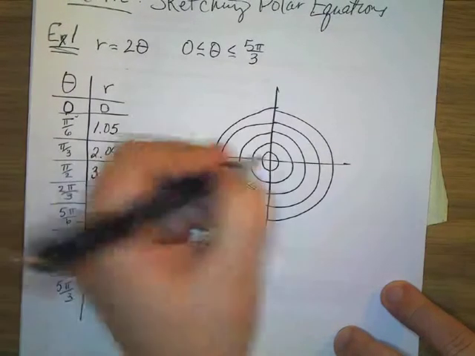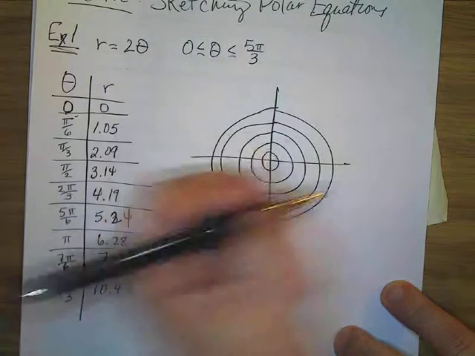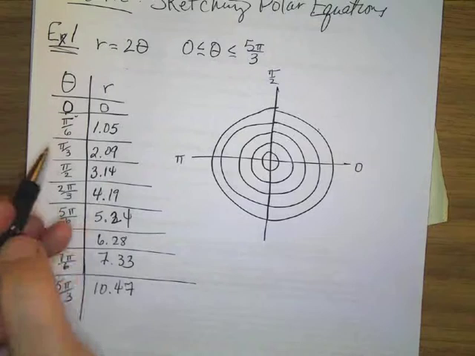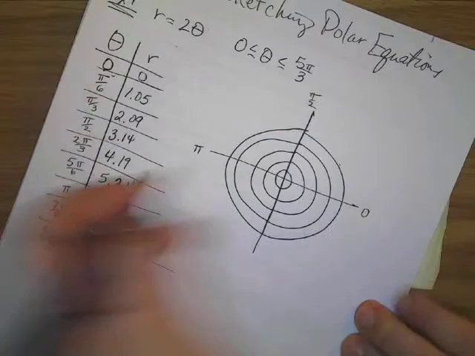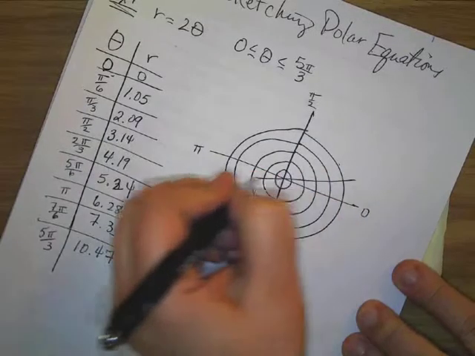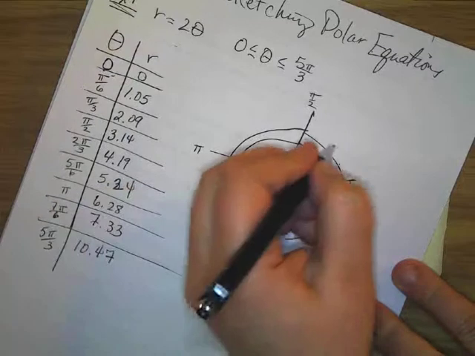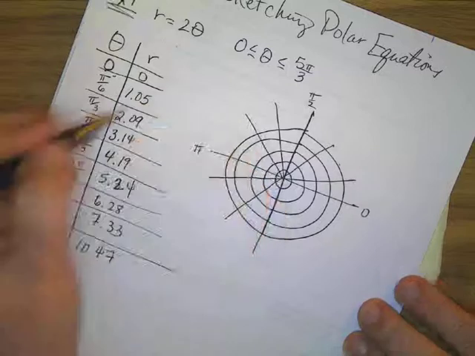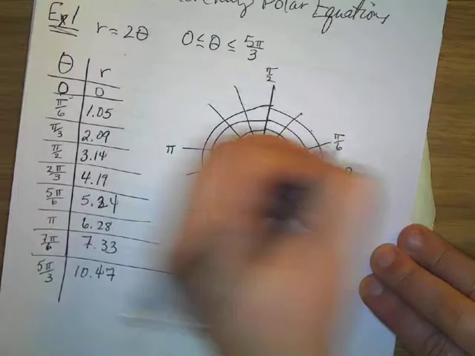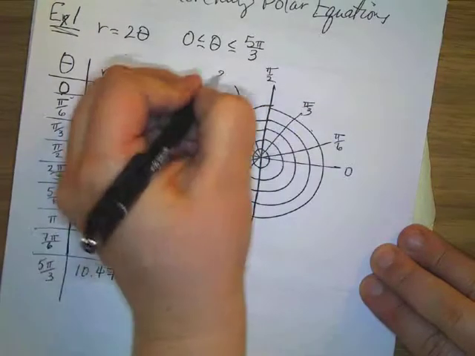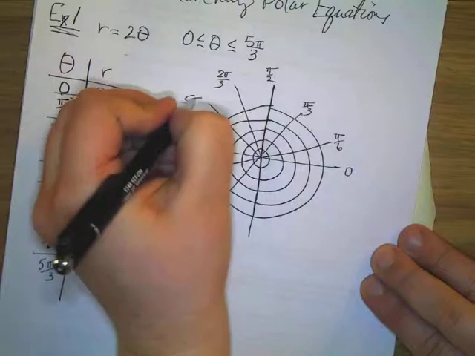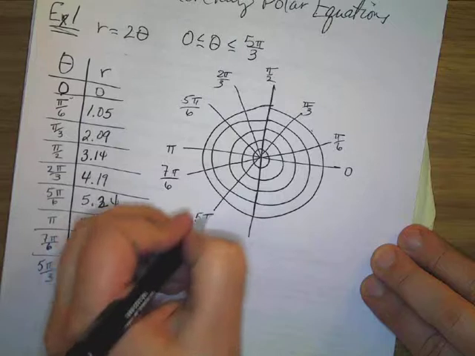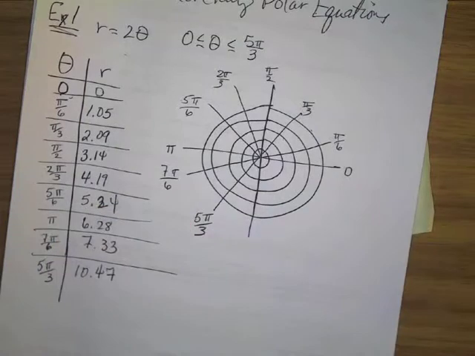So 5. 1, 2, 3, 4. That's good enough. And then because we counted by pi over 6's, maybe draw those in. Notice I didn't go past 5 pi over 3.